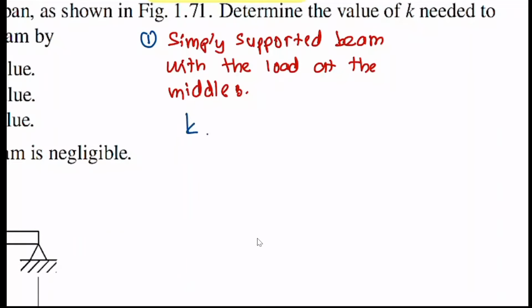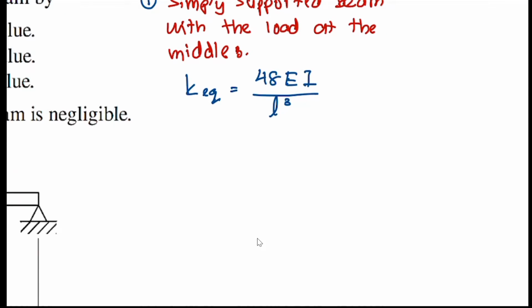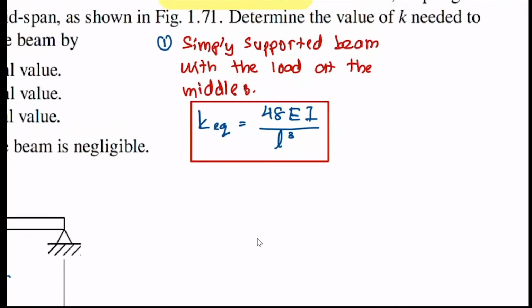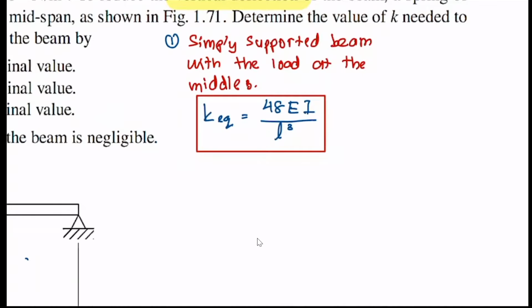So the formula is K, the equivalent stiffness, will be 48 times the Young's modulus times the moment of inertia divided by the length cubed. So this is the formula, all right? This is the stiffness formula for a simply supported beam with a load at the middle.